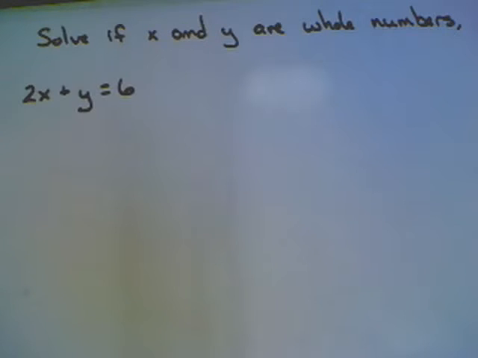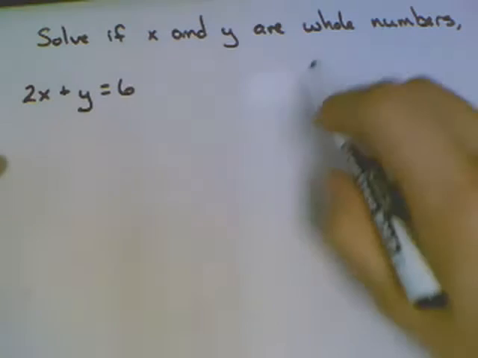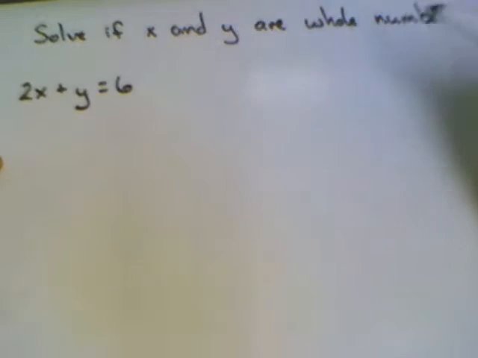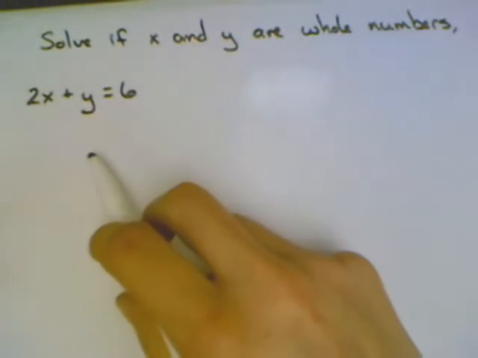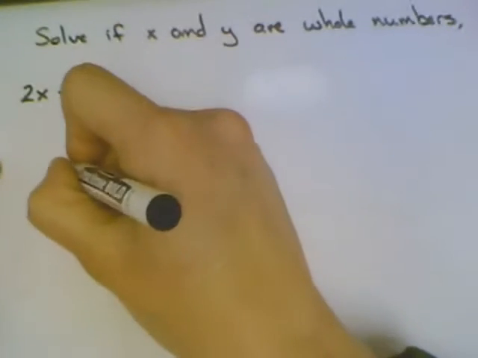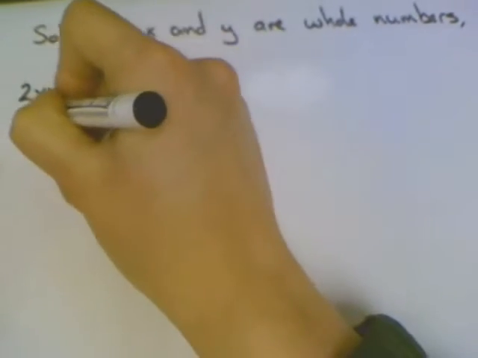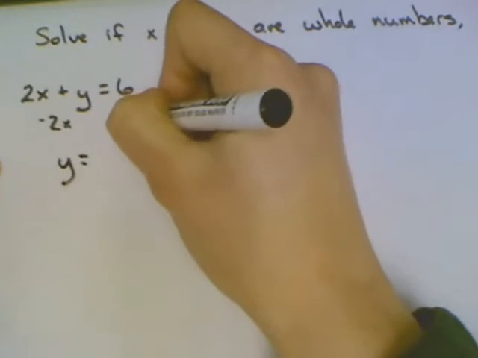Solve if x and y are whole numbers. What we are trying to find here is a list of ordered pairs that are whole numbers. That means numbers that are integers and non-negative that work in this equation. Okay, your first step is to solve for y. So to do that I'm going to subtract 2x from both sides.